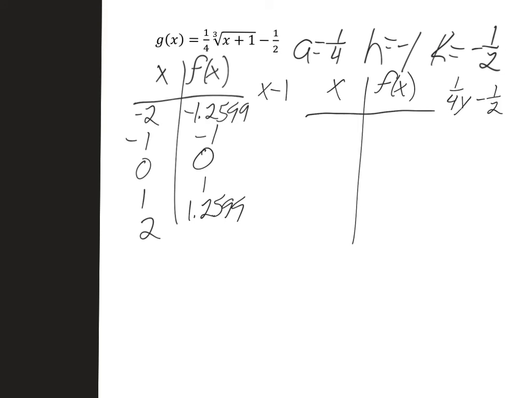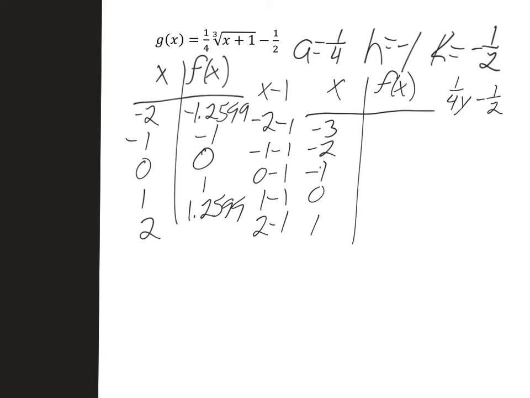Okay, so let's double check that we got the same thing here. So my x's, I have -2 minus 1, so that's -3. -1 minus 1, that's -2. 0 minus 1, -1. And then 1 minus 1 is 0, and 2 minus 1 is +1. Same thing over here, so 1/4, so I want a fourth of that whole entire thing.